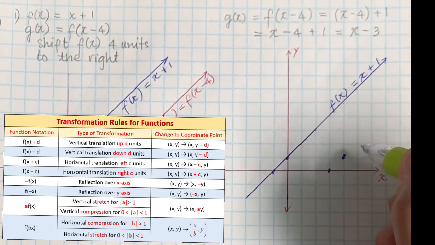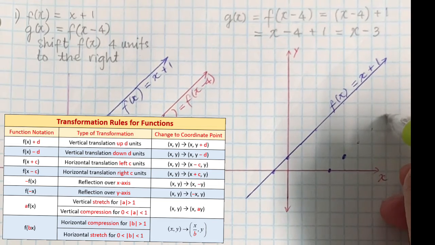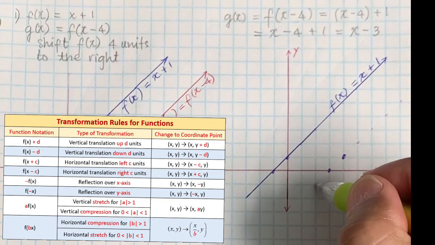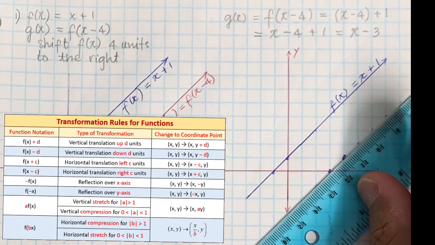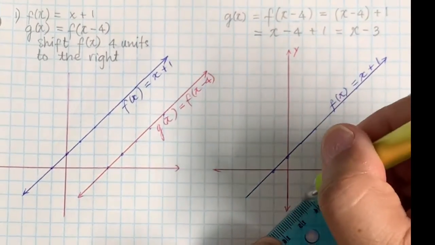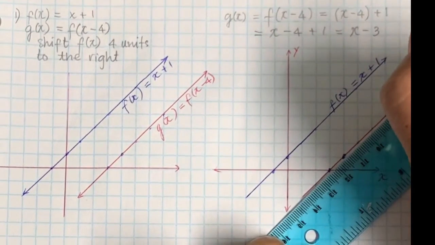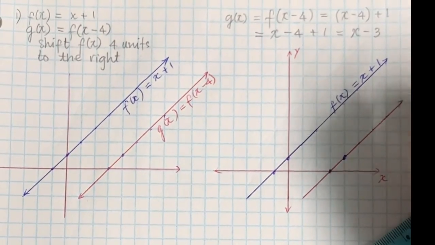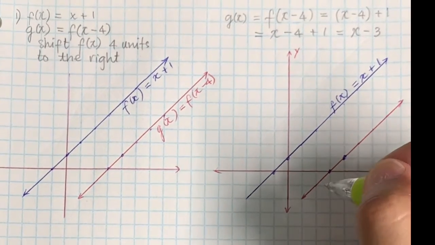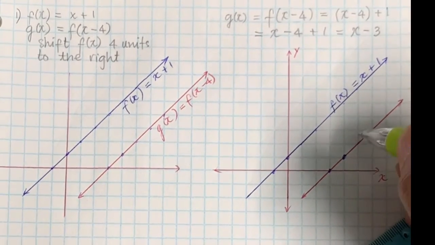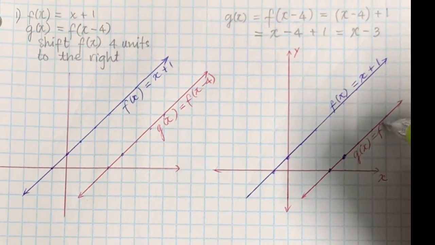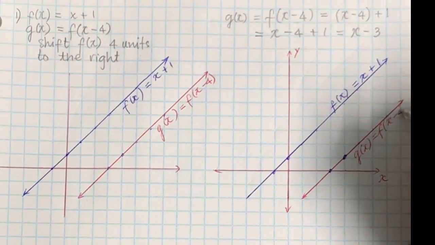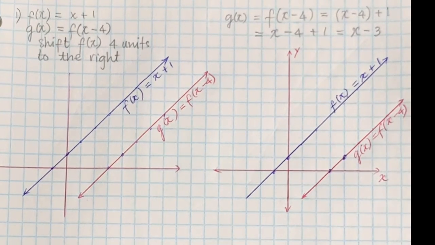Plot some more points so you can have a straight, accurate line. Of course, if you use the ruler, it will be straight, but sometimes not accurate. So that is the graph of g of x, which equals f of x minus 4. There you have it.